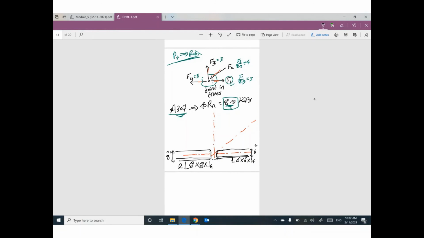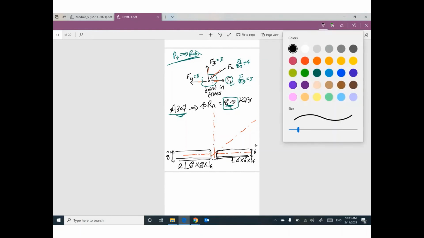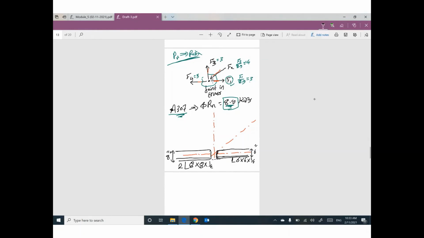Then, the vertical member, I decided to be one angle 4 by 1/2, for example. So this width will be 4. The inclined angle, I decided to make it 3 by 3 by 1/2, for example.